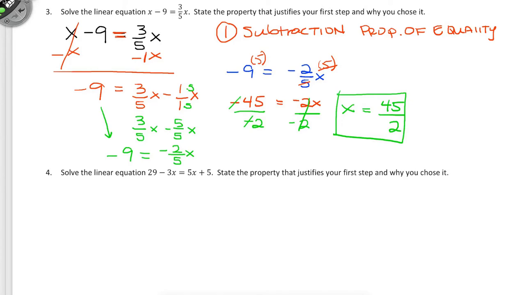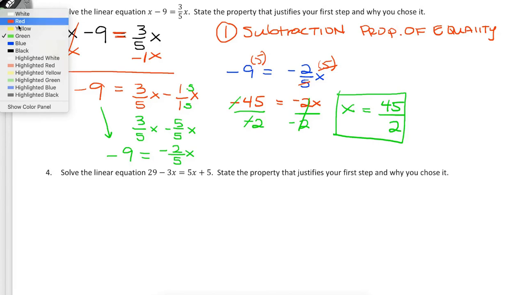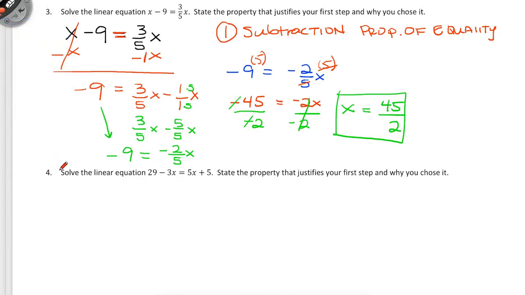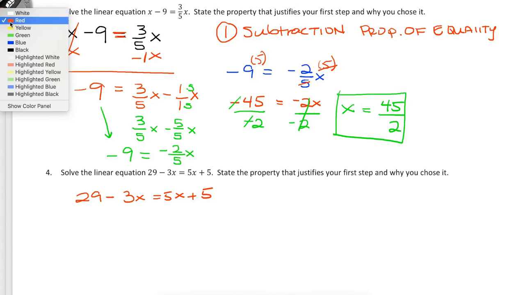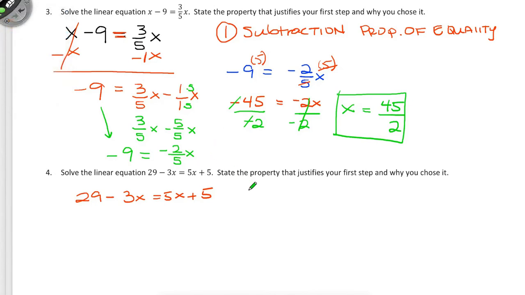All right, let's look at number 4. Solve the linear equation and state which property you're going to use first. So we have 29 minus 3x equals 5x plus 5. All right, the property I'm going to use is going to be called the addition property of equality.